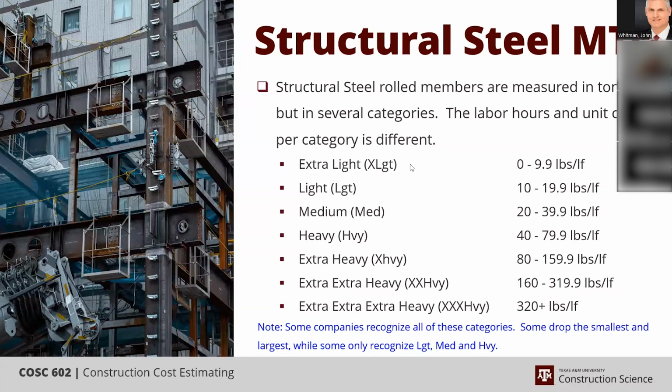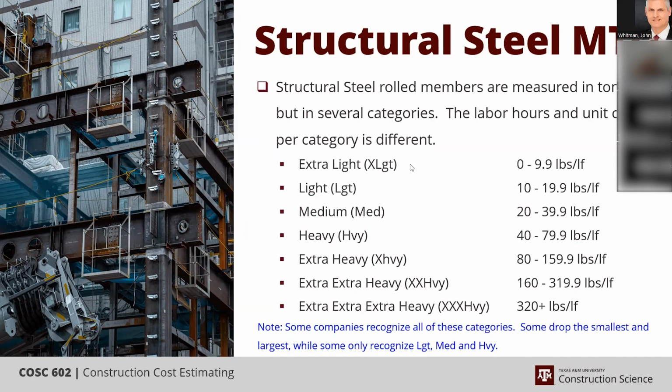So we would consider extra heavy to be somewhere in the neighborhood of 8 to 10 hours per ton, while by the time we get to extra light, we're at 40 hours per ton, because per pound it's more effort. Companies that don't recognize the extremes, or only recognize light, medium, and heavy, approach things that way because they don't deal with the extremes very often.